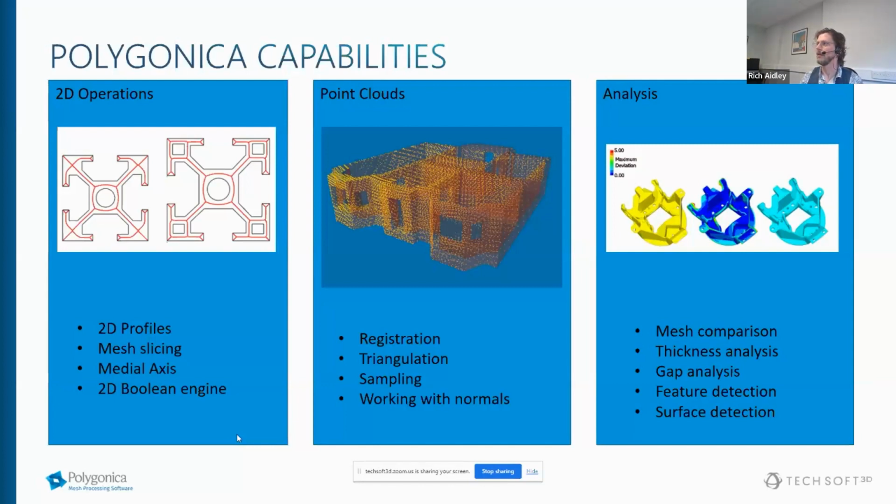We can do a lot of mesh analysis. Now, when I say analysis, I'm talking about geometric features. So this is things like thickness or gap detection, or looking for things which might be CAD surfaces within a scanned object, as opposed to, say, material analysis. So in other words, we're not doing material analysis, we're just doing the geometric analysis.